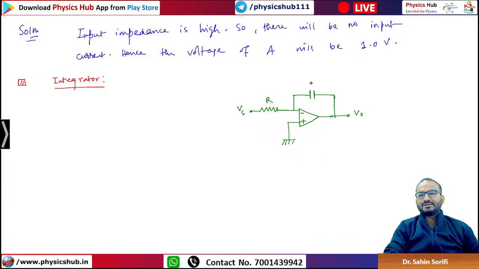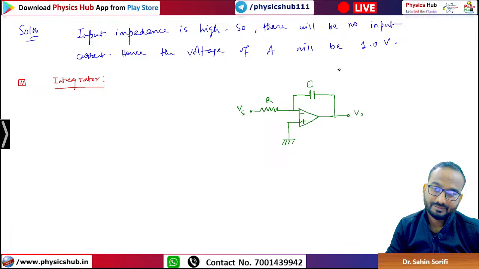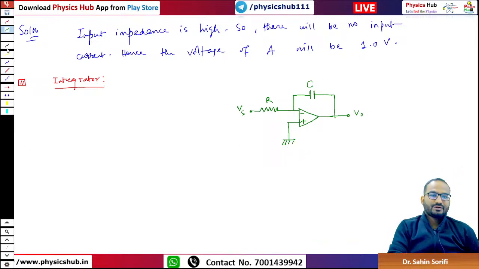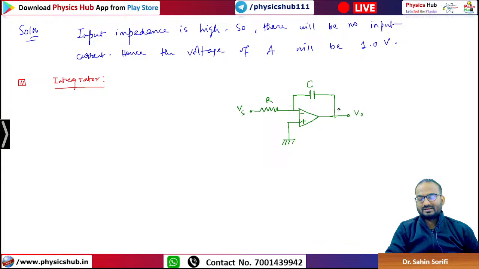Now, this is the circuit of an integrator, and you can see there is a capacitor. Because of this feedback impedance, there will be a virtual ground at this point.